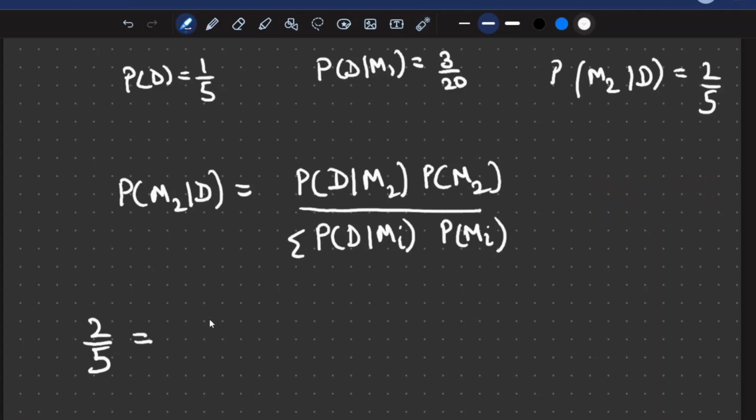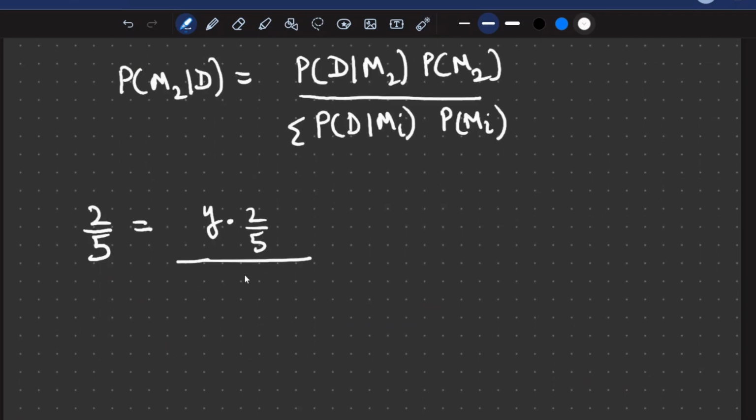So 2 by 5 is equal to probability of defective given M2, which is equal to Y, times probability of M2, which is 2 by 5, as we wrote earlier, by summation probability of defective given M1 into probability of M1. Let us write in sequence itself. Probability of defective given M1 into probability of M1.